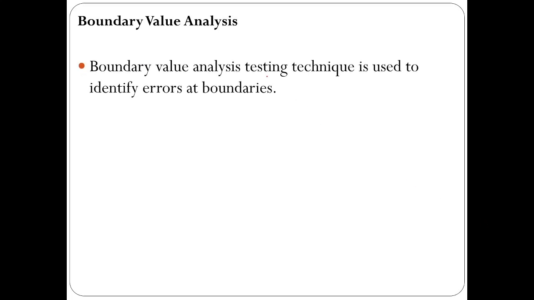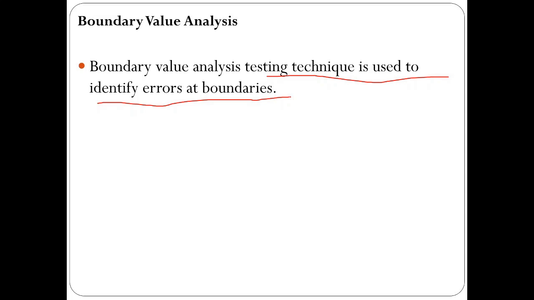Boundary value analysis is a testing technique used to identify errors at boundaries. Using equivalence partitioning, you divide the particular input or test condition into various partitions. Now, to test the values from each partition, you need to select the values.